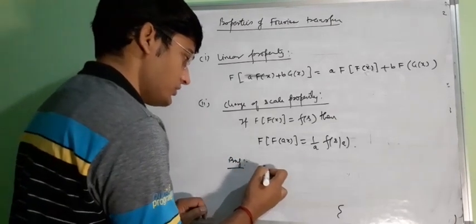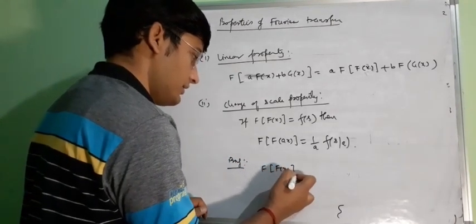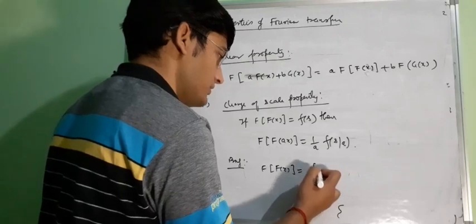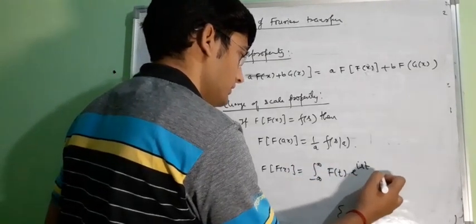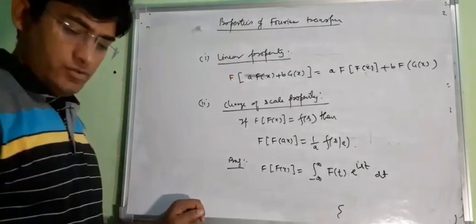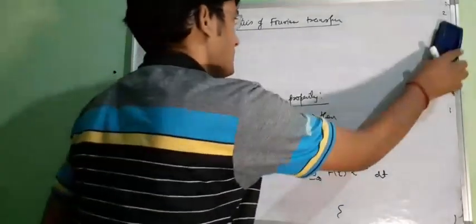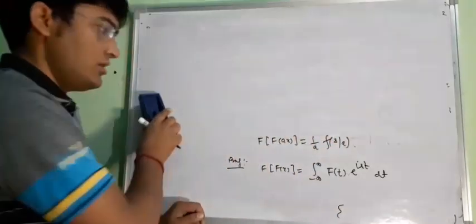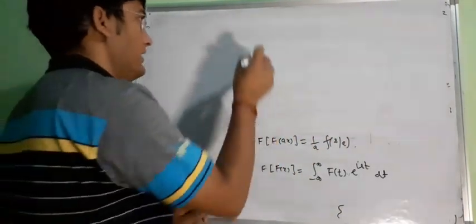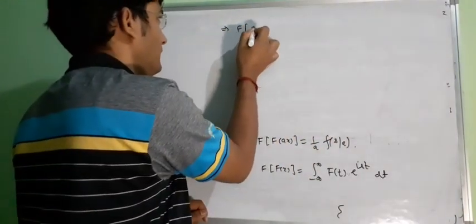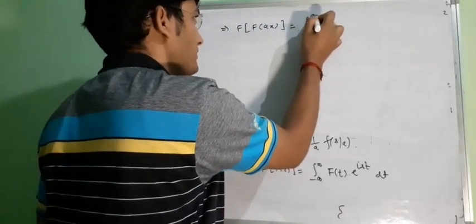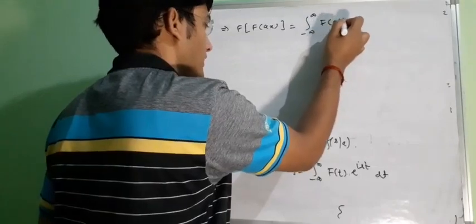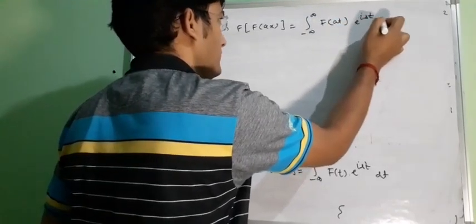The Fourier transformation of a function, let us start with the definition, is equal to the integral from minus infinity to infinity of f(t) e to the power ist dt. Now we have to find out the Fourier transformation of f(ax). So let us replace our t by at. So this will be the integral from minus infinity to infinity of f(at) e to the power ist dt.